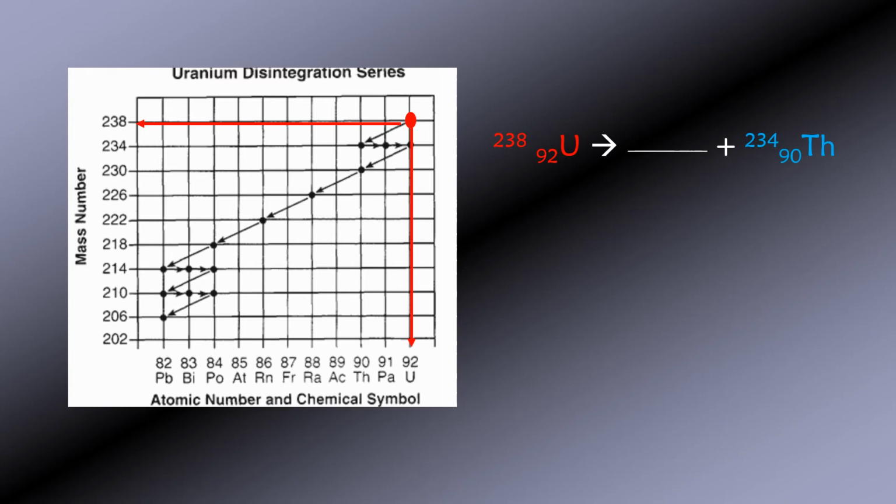And then the equation is telling you that this isotope is converting into thorium with a mass of 234 and a charge of 90. So what the question is asking is, what is uranium emitting in this process as it's converting into thorium?